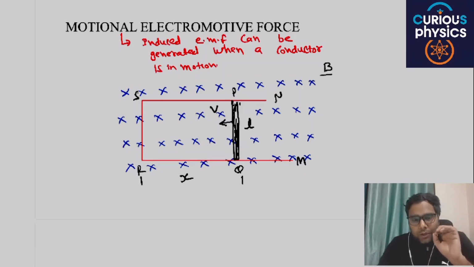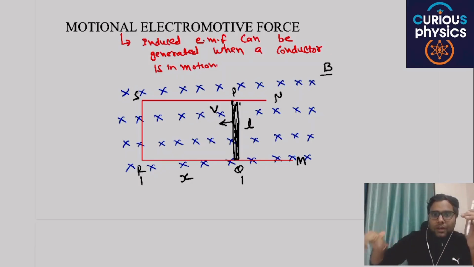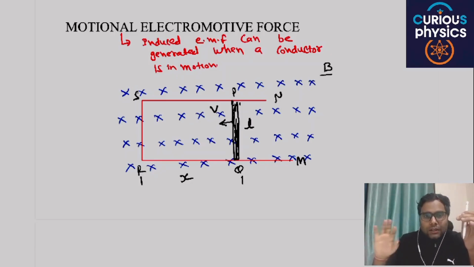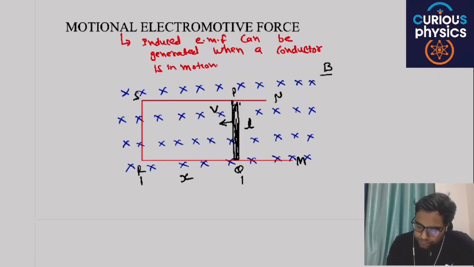So the induced current will be produced in such a way that it creates a magnetic field away from you, so the direction of induced current will be in this direction.